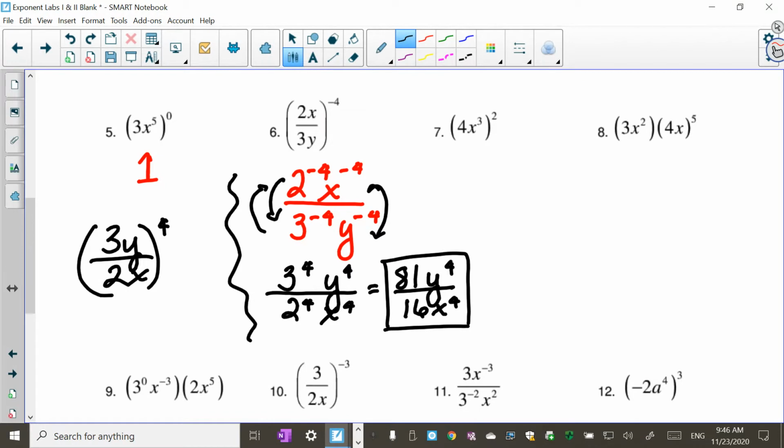So that's the same thing. And when I do that, I get 3 to the 4th, y to the 4th. See how there's no negatives? 2 to the 4th, x to the 4th. And do you see how that's the same and you're going to end up with the same answer? So that is pretty cool too: if you have something raised to the -4 power, you can just flip the inside, don't change any of the signs or anything, and then just do it from there. They're both the same.